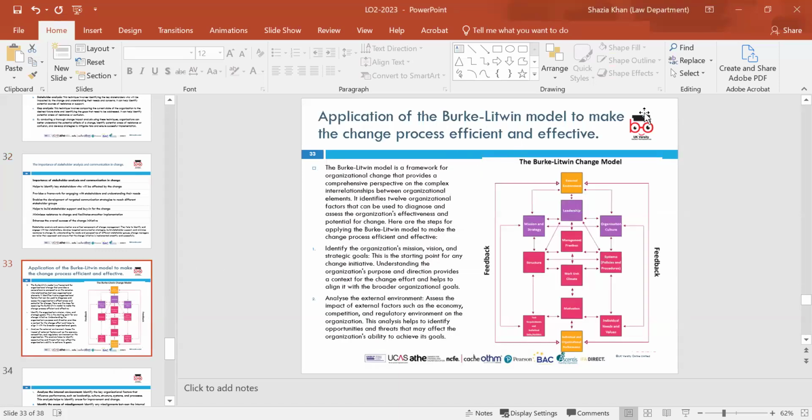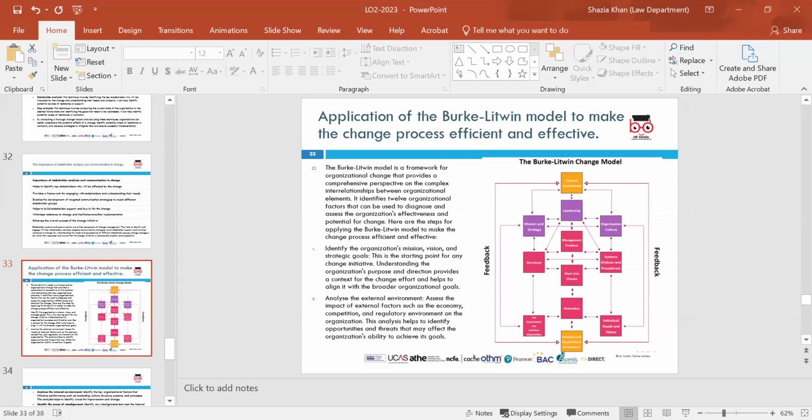Application of the Burke-Litwin model to make the change processes efficient and effective. So the Burke-Litwin change model is a useful model used to guide identifying linking factors that are critical to any successful change initiative.